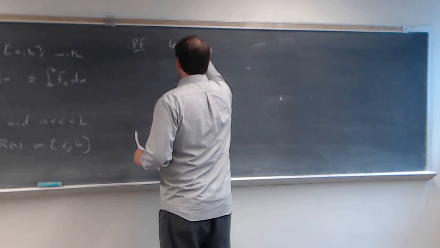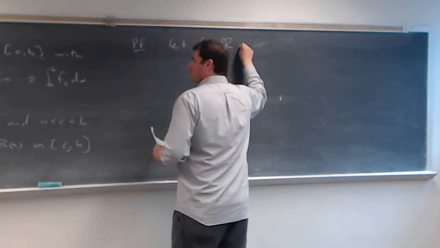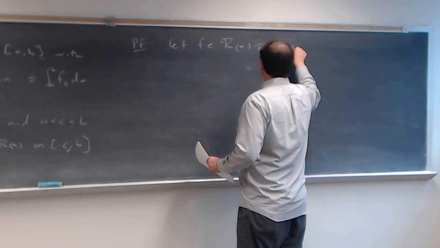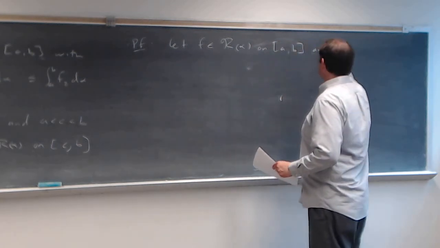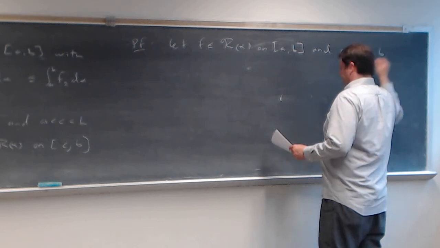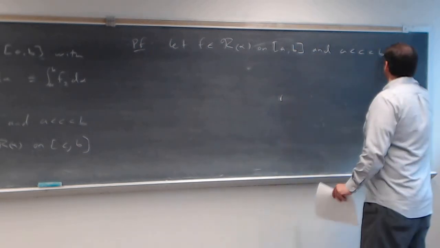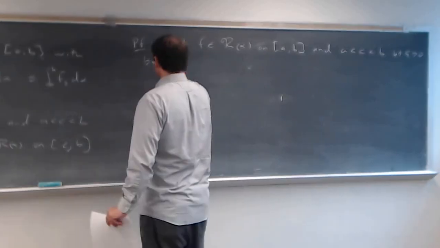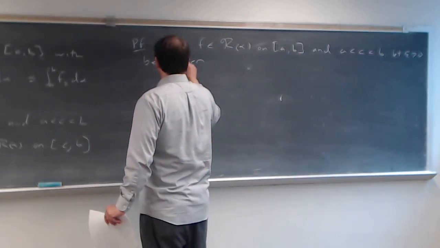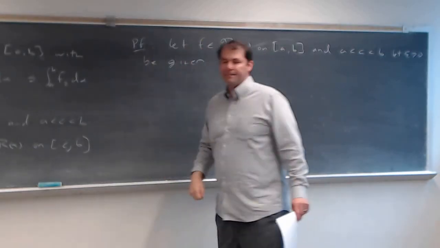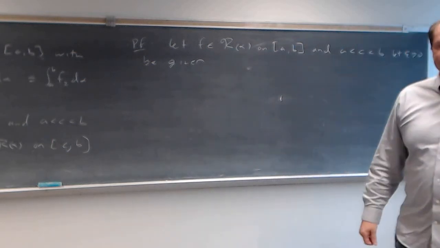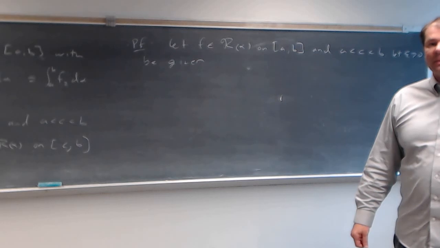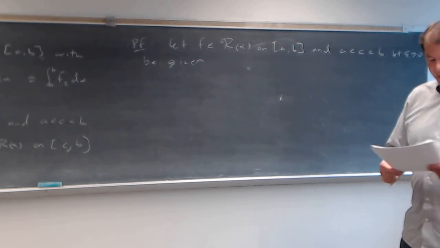Proof. We're going to let f be Riemann-Stieltjes integrable on a to b, and a be less than c be less than b. Let epsilon be greater than 0 be given. Again, we're going to use the fact that to show something is Riemann-Stieltjes integrable, we show that there's a partition such that the upper sum minus the lower sum is less than epsilon.